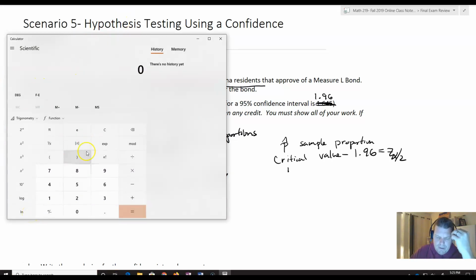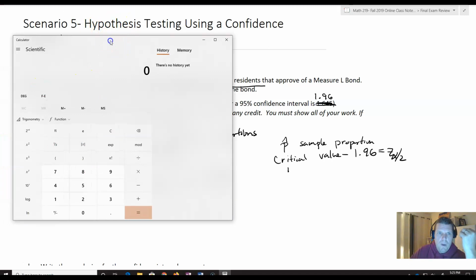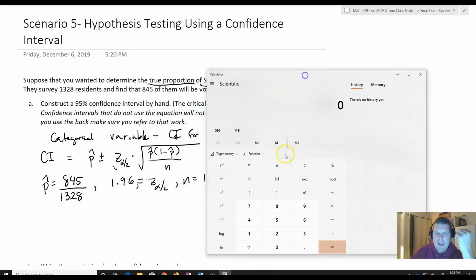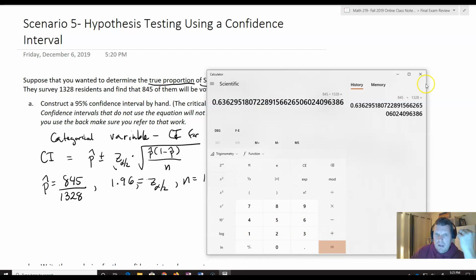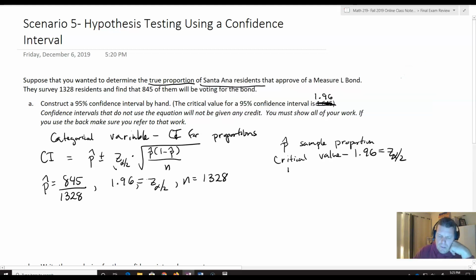So now I'm going to use my calculator. The first thing I'm going to figure out is that sample proportion: 845 divided by 1,328. And that's 0.6363 to 4 decimal places. So p hat equals 0.6363.